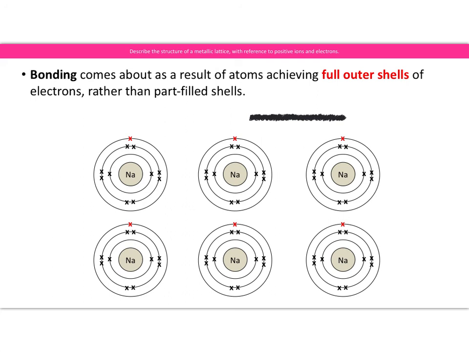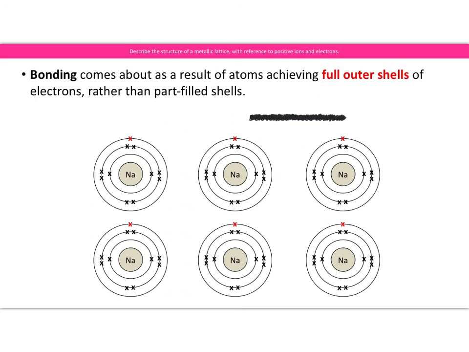If you look at what's drawn here, they don't have full outer shells, and yet we've said that when something is metals only, for example sodium, there is metallic bonding, and we've also said that any bonding results in there being full outer shells. So the way we've drawn our electronic structure and shown them in a regular and repeating pattern is not accurate. We have still got to achieve full outer shells.